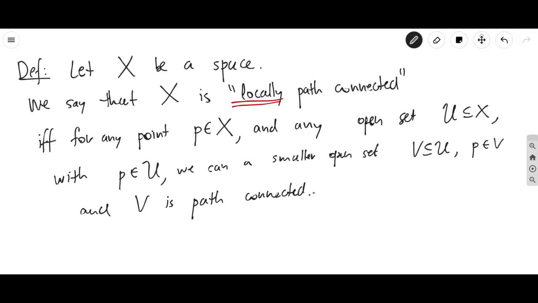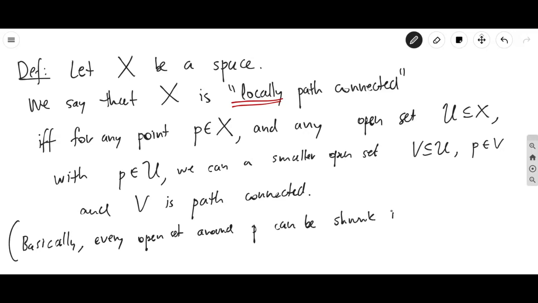So that's the actual definition. So basically, every open set around P can be shrunk into an open set which is path connected.